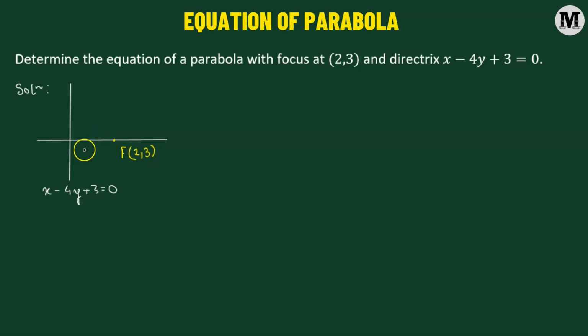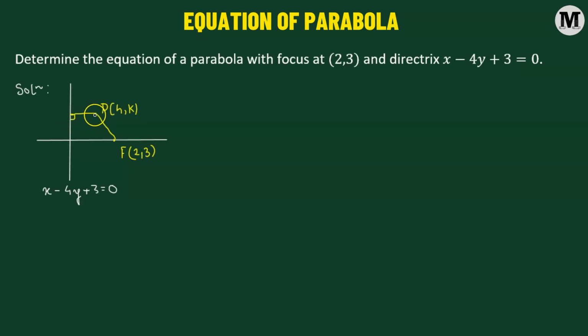Now to find the equation of the parabola, we'll begin by considering a point P with coordinates (h, k). This is going to be the locus of the parabola. The locus is chosen in such a way that if we join point P and point F, this distance is exactly equal to the perpendicular distance of point P to the directrix.